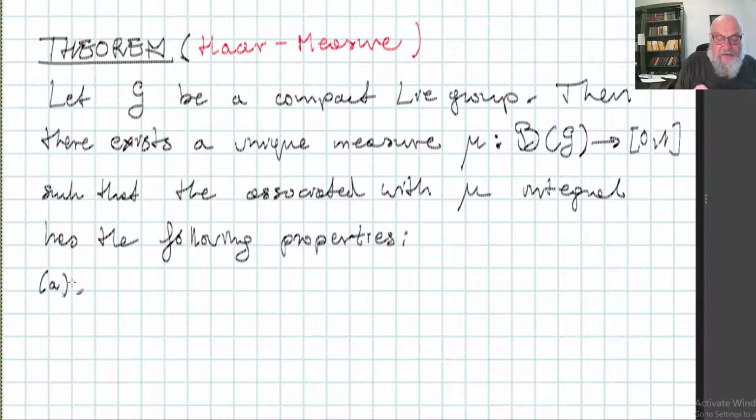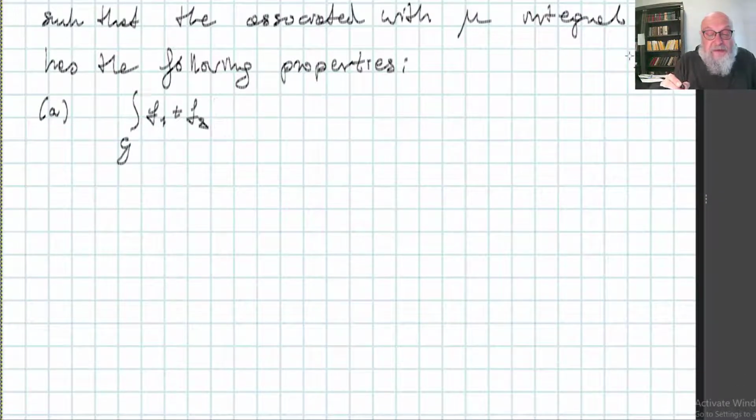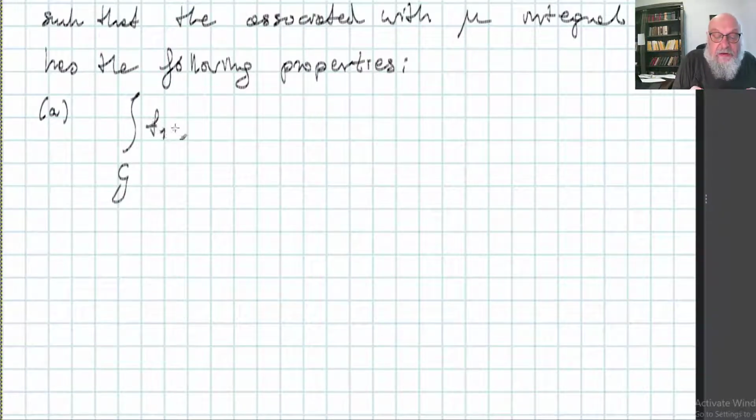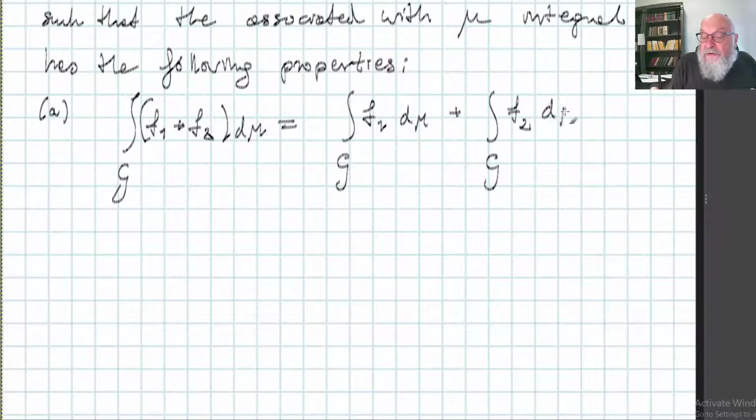A: the integral over G of f1 plus f2 d mu is the same as the integral over G of f1 d mu plus the integral over G of f2 d mu.